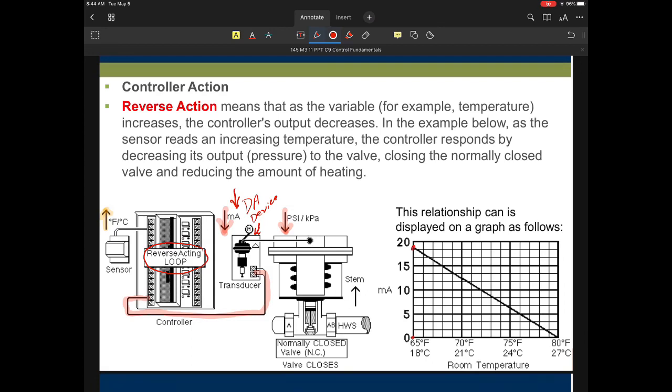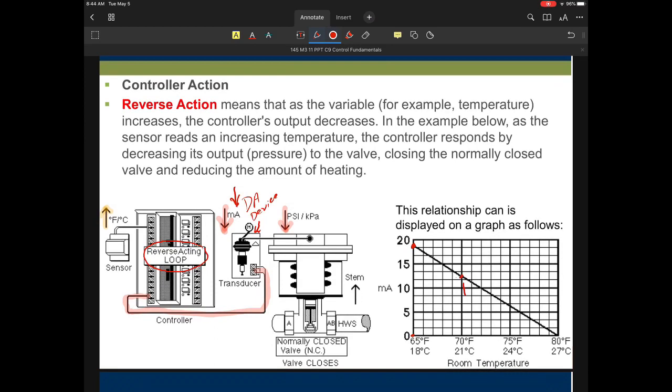So the graph is what I would be looking for with a device like this, so I would know whether, when I look at my control system, I can kind of determine that. Hey, what do I need to do? Do I need to make it reverse or direct acting as the output on there? So in this graph, what we can see is that at 65 degrees, we are going to have an output that's maybe 18, 19 milliamps as an example. And at 70, as the building is getting warmer and warmer and warmer, you can see the output is actually decreasing.